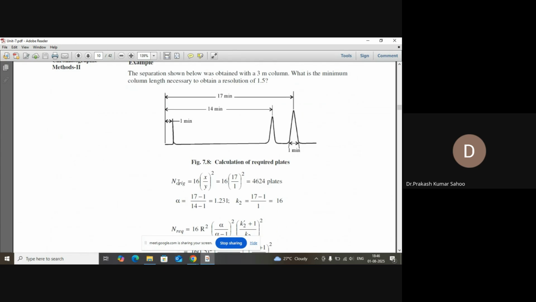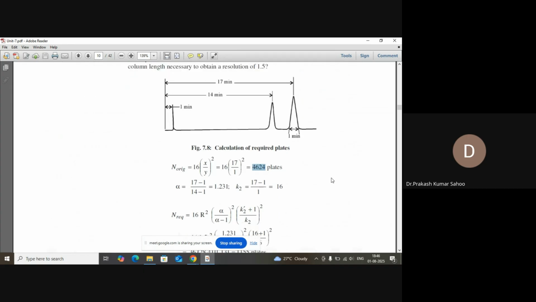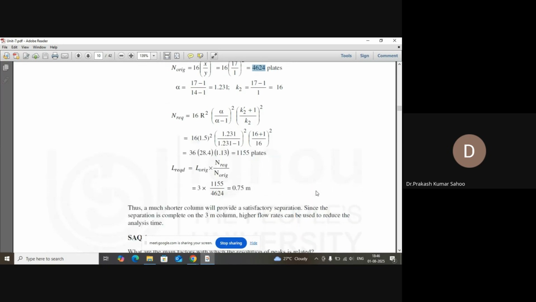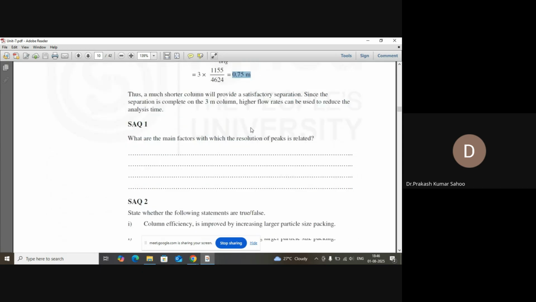So here the number of plates is calculated: 17 by 1, that is x is 17 and y is 1. Then the number of plates is 4624. Then if we calculate alpha, it will be 1.231, and K2. Accordingly the calculation was made, and lastly we have 0.75 meter as the required length of the column.